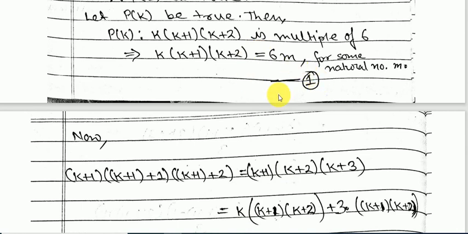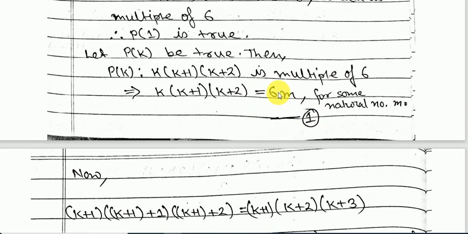Okay, now what we have to do is show that the statement will be true for k plus 1 also. So in this P(k), what do we have? k into (k plus 1) in bracket (k plus 2). Yes.